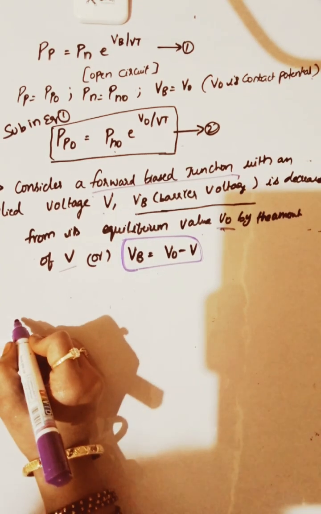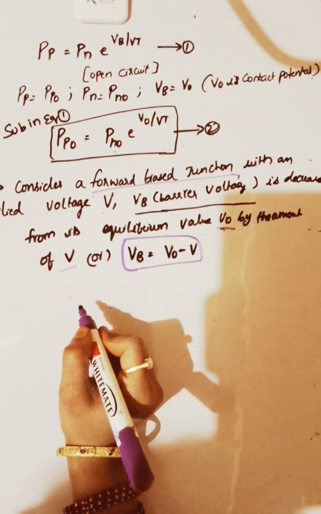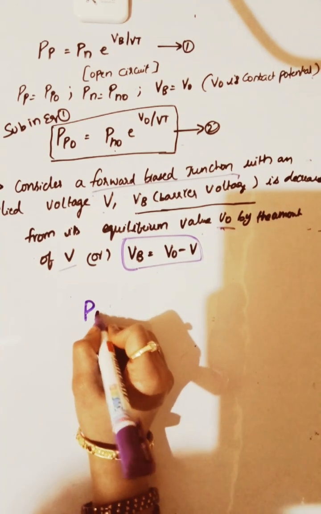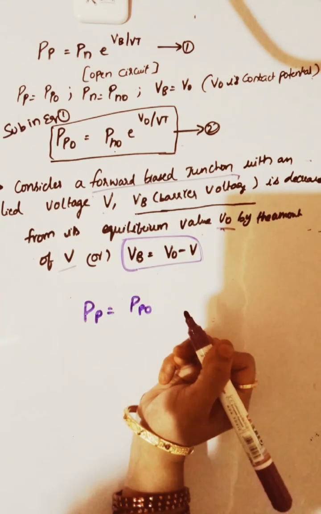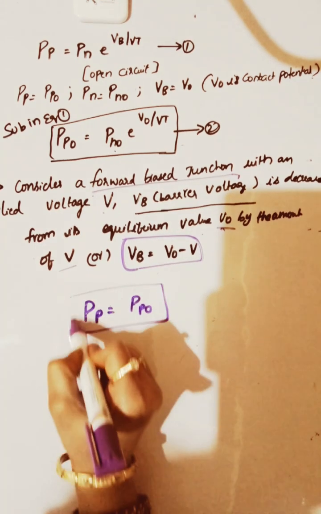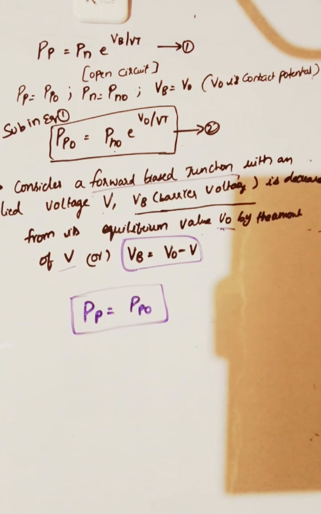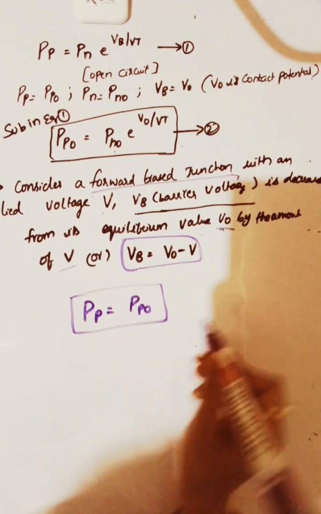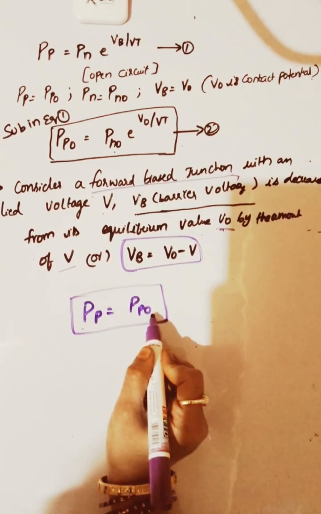The hole concentration throughout the P region is equal to the thermal equilibrium value, that is PP is equal to PP naught.